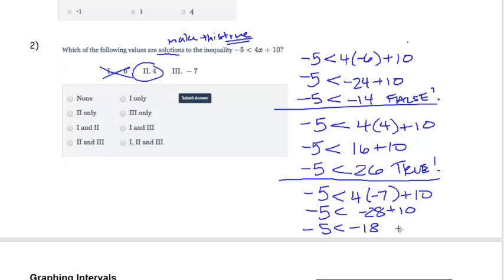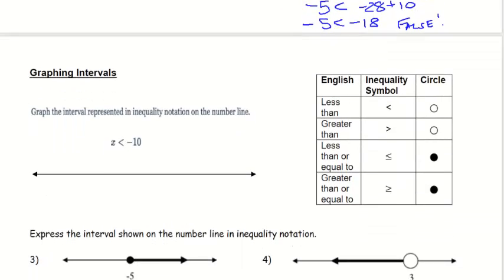Nope, not when these numbers are negative. That's a false. That's out. So in this situation, just the second choice was a solution. But they all could have been solutions. It's possible. Okay. Let's switch to another idea right now.